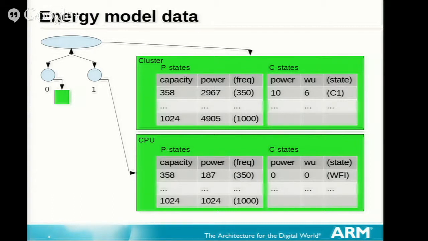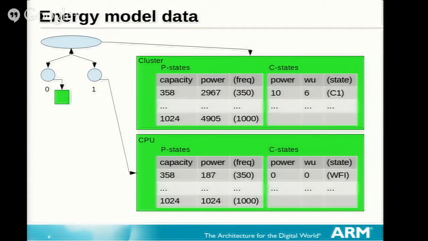So if we power up the cluster and just use one CPU and it's running flat out, then we would have the power consumption coming from the P state table from the cluster. That would be the power burned by the cluster, and then we would add 1 times the power consumption of the CPU coming from the P state table associated with the CPU. If we then wake up the other CPU, then we would need to add another CPU contribution. So let's say we were running at the highest P state, 1 CPU.